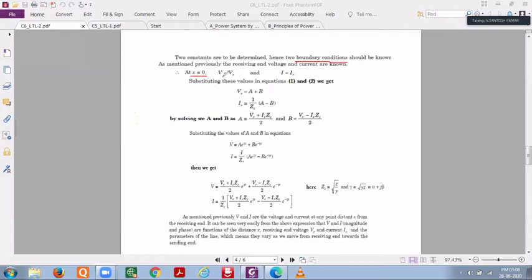Then voltage will be VR, current will be IR. So you substitute those values, x equal to 0, V equal to VR, I equal to IR in your previous expressions, right? When I substitute them, I'll get VR equal to A plus B, IR equal to 1 by ZC into A minus B, right?